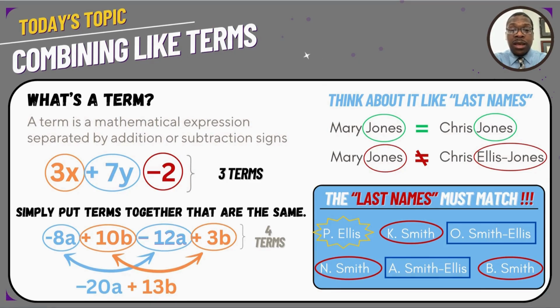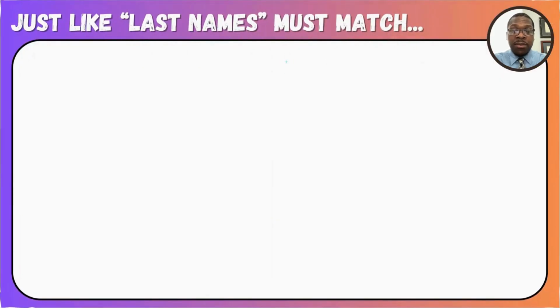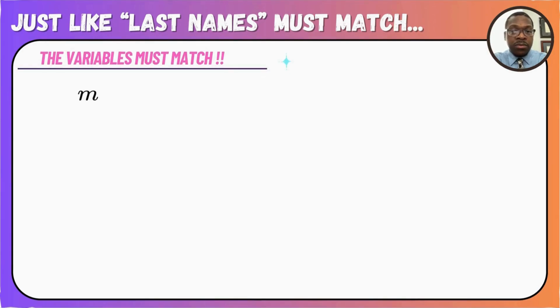The same way last names must match here, we're going to apply that same concept to our variables. Variables must match exactly as well. So when we see something like an m, an m to the second power, and an m to the fifth power, even though all of them do have the letter m, they don't match exactly.